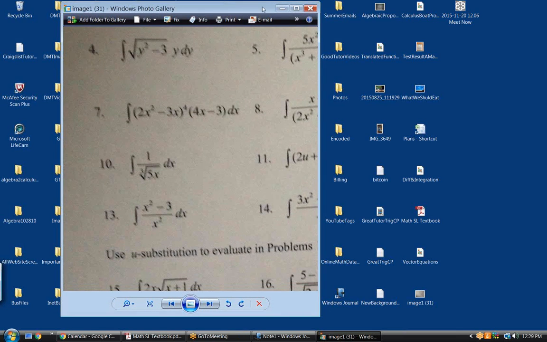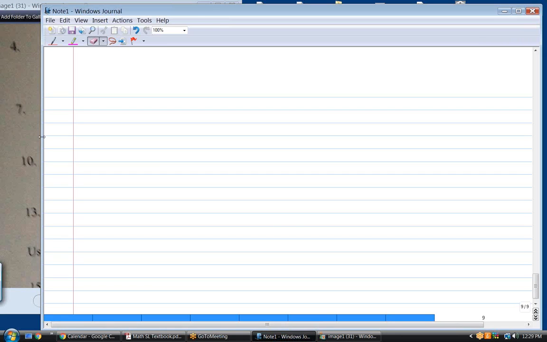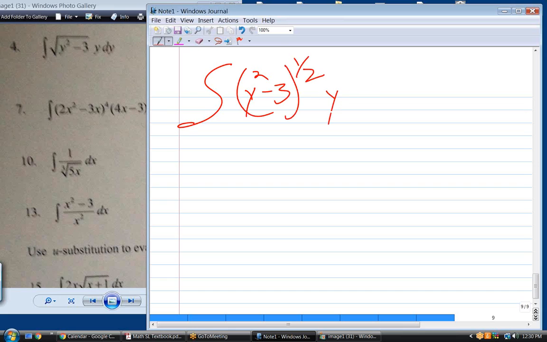Notice what's going on here. What's the derivative of the inside? 2y. What do we have being multiplied by? y dy. Right. So all I need is a 2 in front of that, and everything's perfect. So I've got the integral, and I'm going to change all radical signs to exponents because exponents just work better, given you have the power rule.